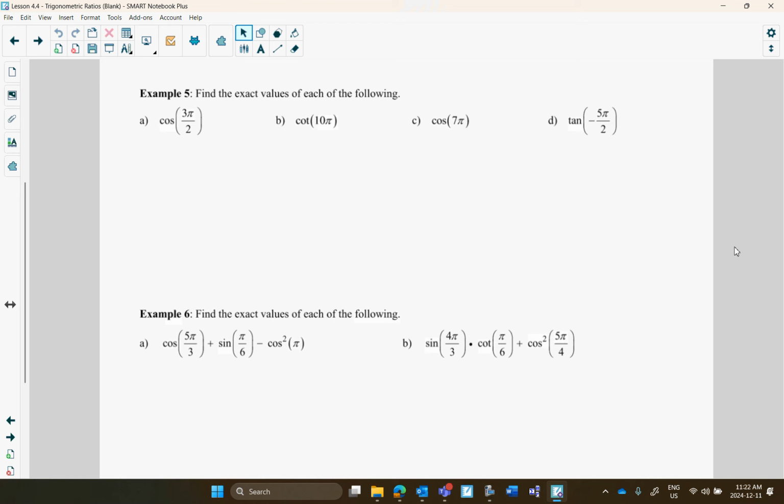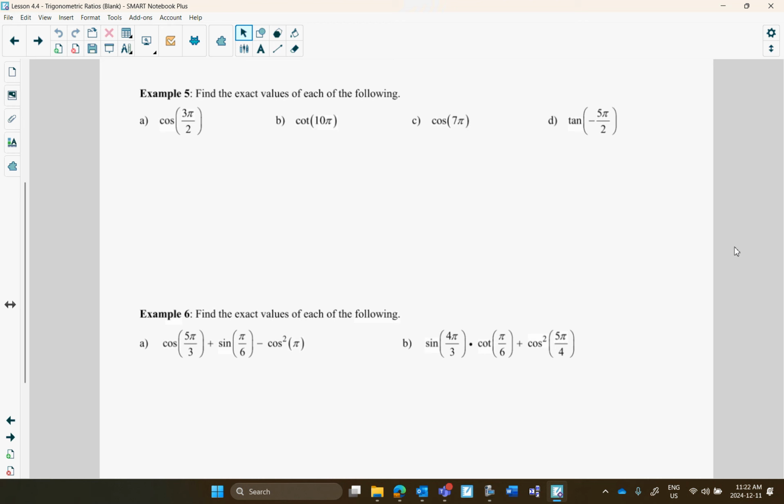Remember, all these are going to use the unit circle. But to use the unit circle, I need sine, cosine, or tan, and I need an angle from 0 to 2 pi. If it doesn't have that, I have to find a coterminal angle.